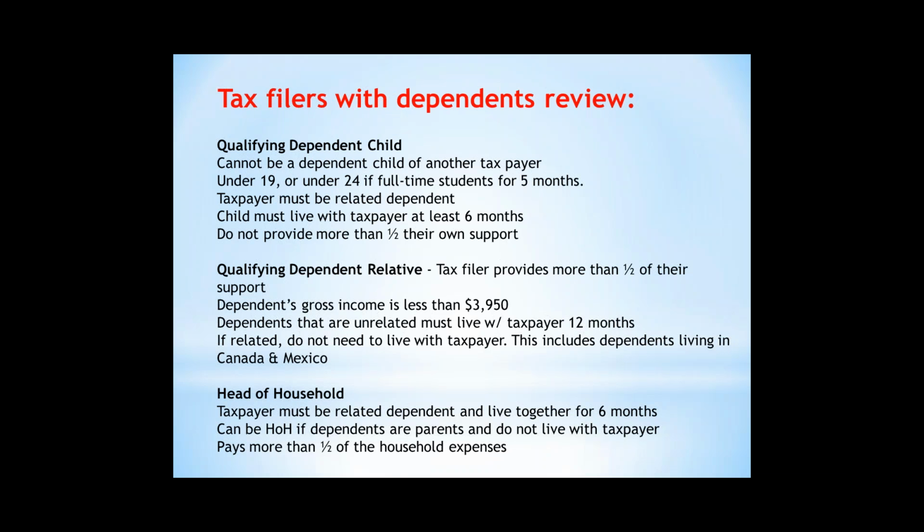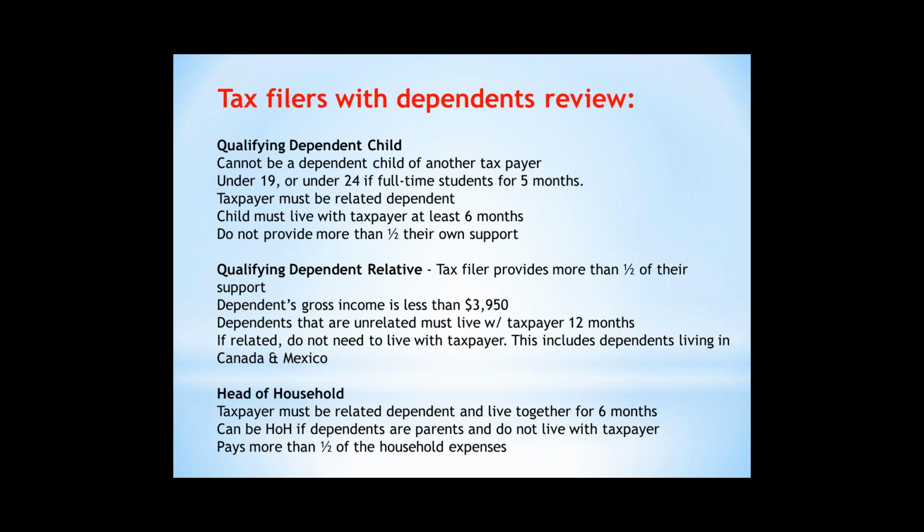The qualifying dependent relative is the person that's living with the taxpayer, and they can't have earned $3,950. They're usually unrelated, so they're not necessarily a direct relative of the taxpayer. They can't have earned $9,350.